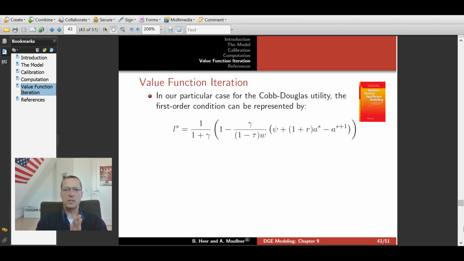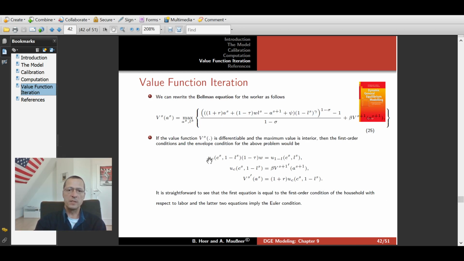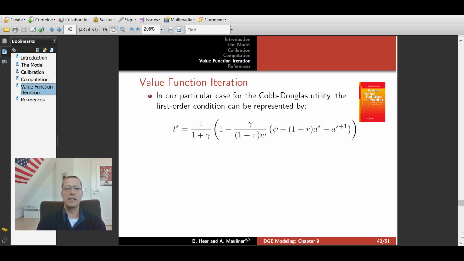In our special case here with Cobb-Douglas utility, it is very convenient to notice that if we substitute our marginal utility of consumption and our marginal utility of leisure into the first order condition of the household, our condition for labor supply looks like this. So we can derive labor supply as a function of this period wealth a_s and next period wealth, next year's wealth a_s plus 1. And this will be very convenient.